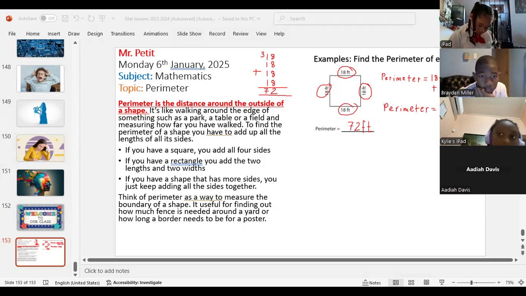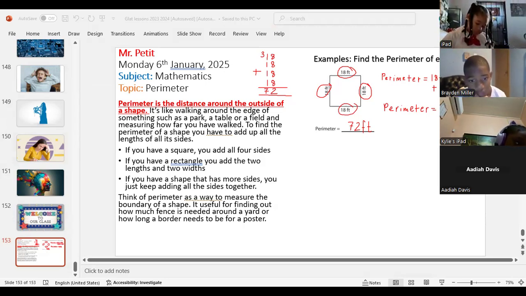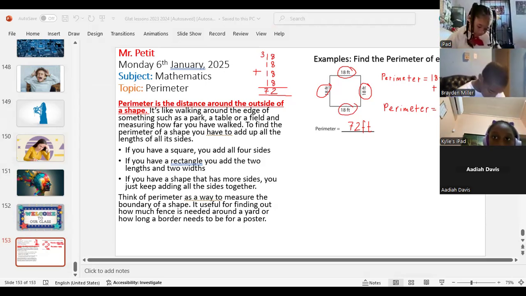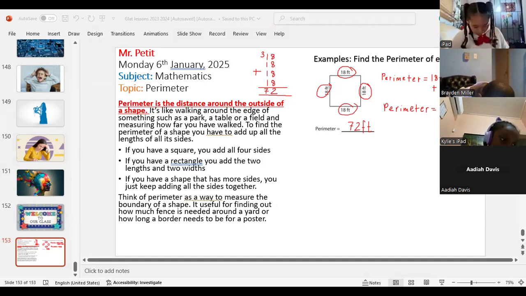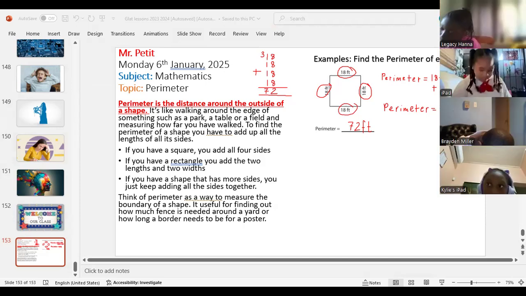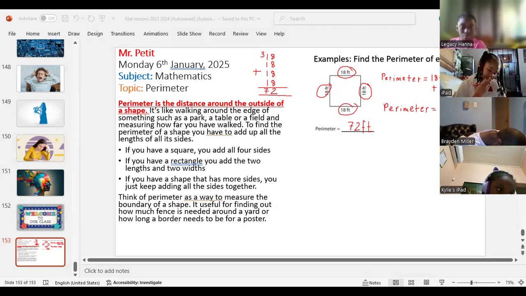I hope your handwriting stays this way. Trinity, you didn't draw the picture. You didn't draw the shape. You need to draw the shape. Yes, sir.